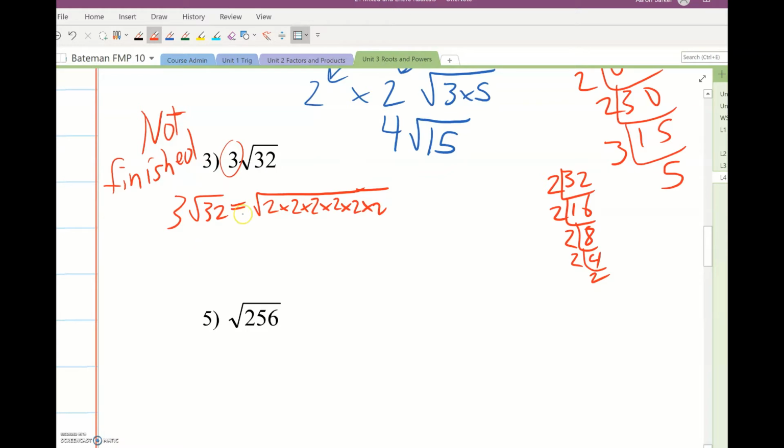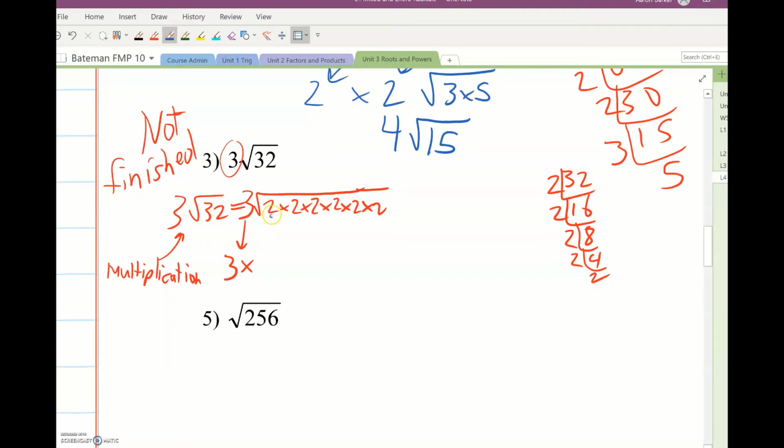Now, I have 3 in front, so that just drops down as part of the multiplication. It's being multiplied here, right? That's a multiplication. And so when I rewrite it, it's still multiplying by the numbers that I take out.